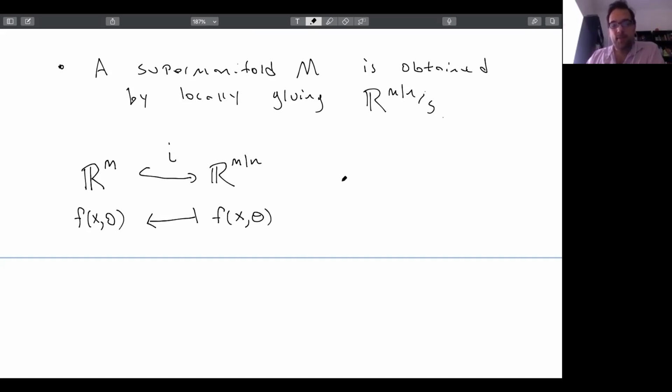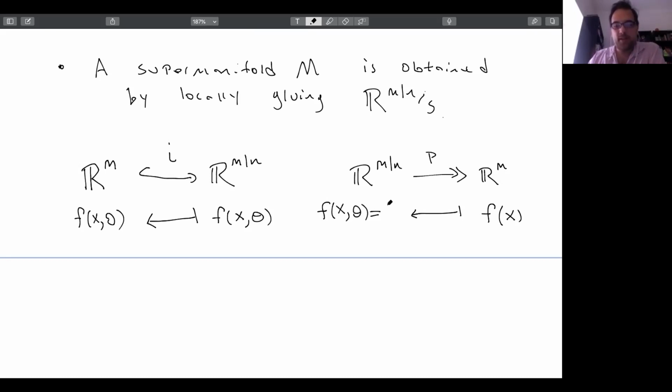There's also a map that projects out the thetas. And again, you're supposed to think of this going the other way in terms of the algebra of functions. So here, a function is just a smooth function of x. And here, it's just the same. It's constant in theta.